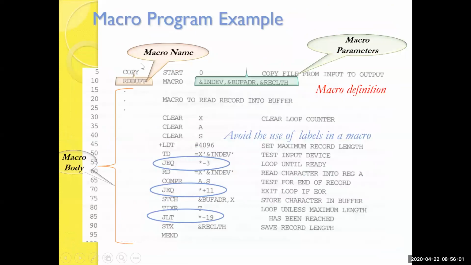If you just go back, the first statement is CLEAR X. All of these are comment lines which will not be appearing as a part of the macro expansion. So the first statement generated as a part of macro expansion for RDBUFF is CLEAR X.